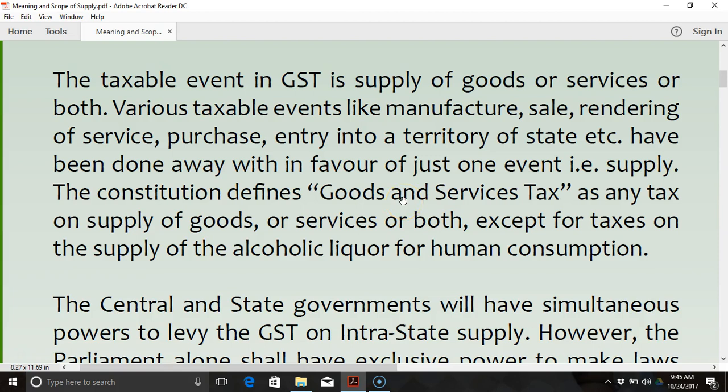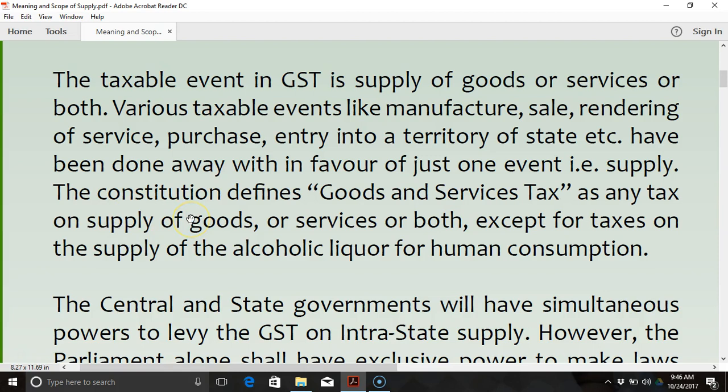How has it defined? It is any tax. Let us see that the word used here is any tax. There is not much restriction. Therefore, there is openness in the definition. Any tax on supply of goods or services or both.